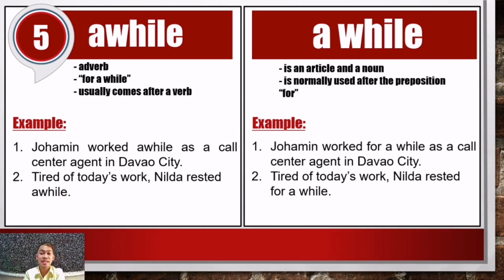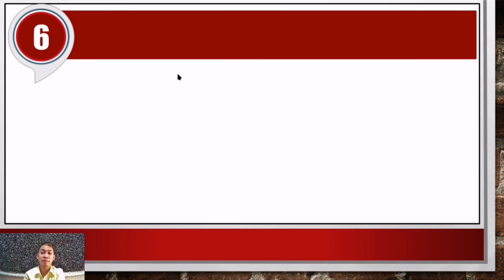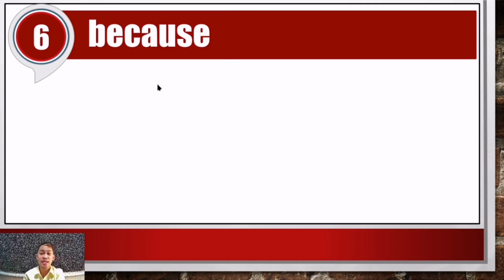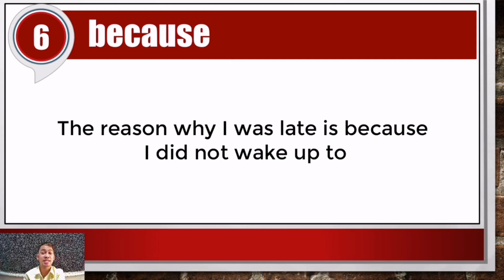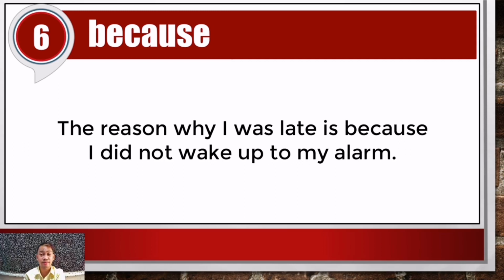Let us now proceed to our sixth common usage problem, and that has something to do with the conjunction because. Now, are you fond of using because right after a linking verb when you use the phrase the reason why? For example, the reason why I was late is because I didn't wake up to my alarm.